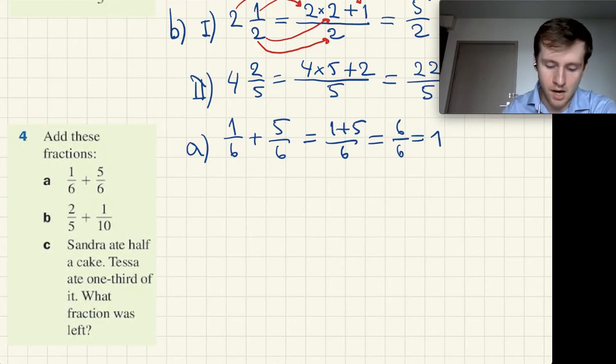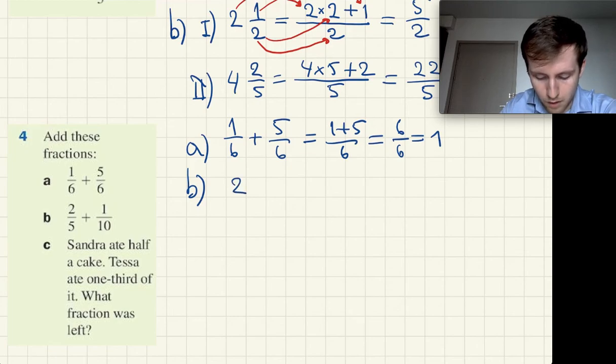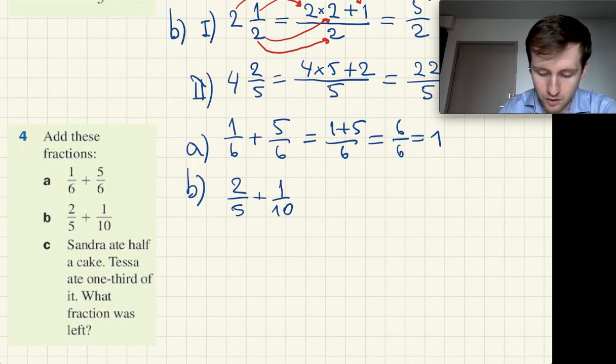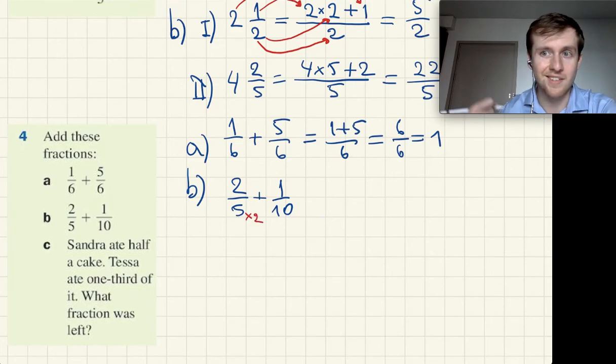And then we have, this is a bit different, 2 over 5 plus 1 over 10. Here they have different denominators, so we have to bring these fractions to the same denominator. The way to do this is we can multiply 5 by 2 to make it 10.